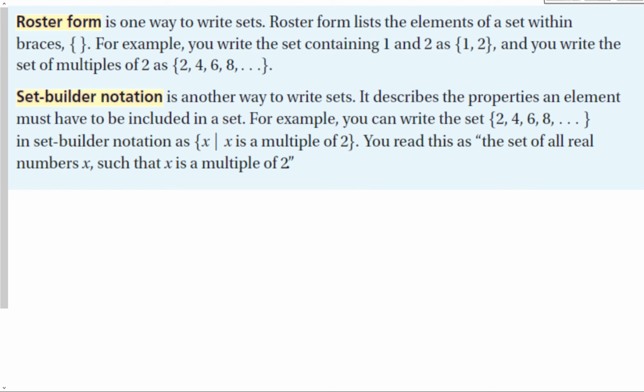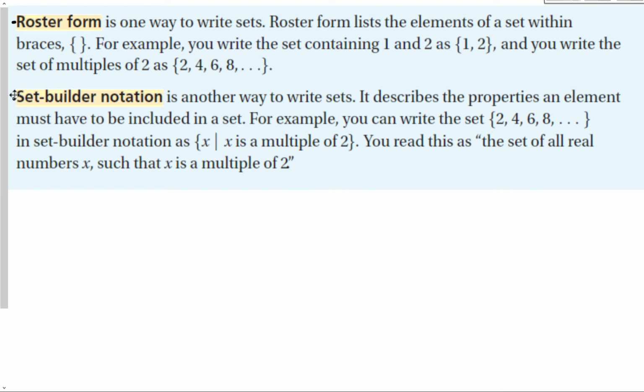So in this section, we're primarily going to be dealing with different ways and different notation of representing sets of numbers. There's two basic ways to do this: roster form and set builder notation. Roster form is one way to write sets. Roster form lists the elements of a set within two braces.